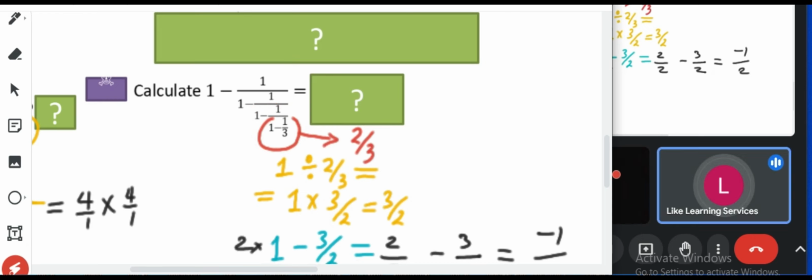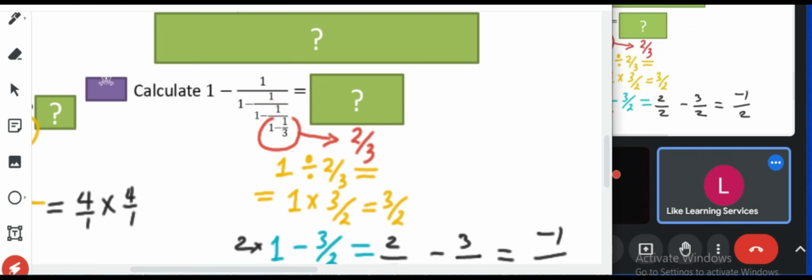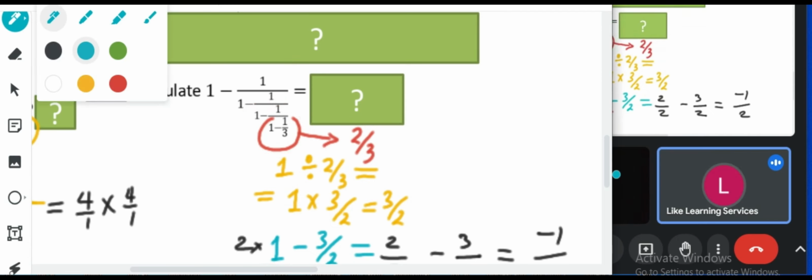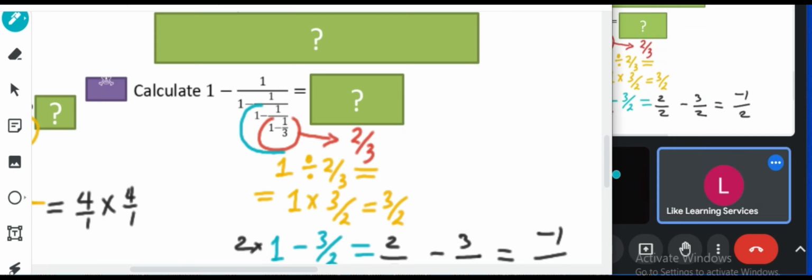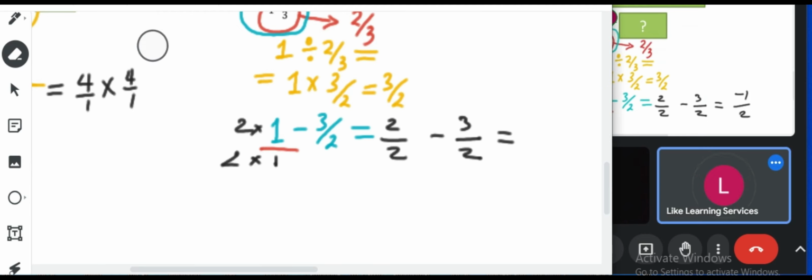If you could see what I circled, you may need to scroll up to see what I circled. This whole place I circled, I'm going to circle it in blue. This is what we just got as minus 1 over 2.